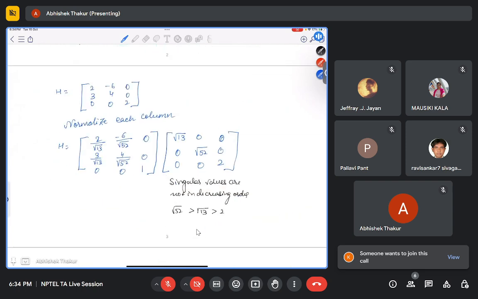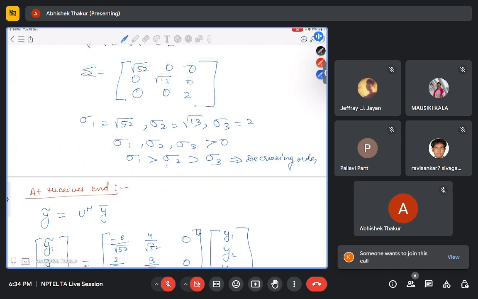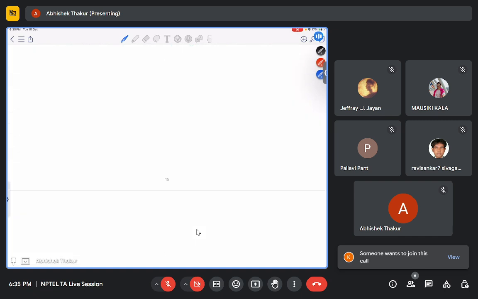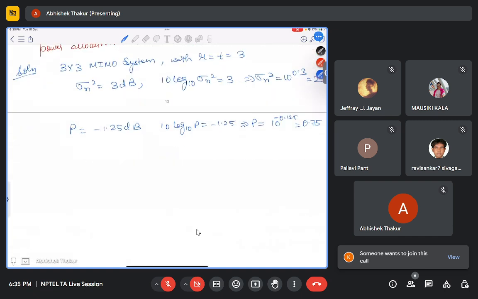We already found the singular value decomposition of this, so we will directly write it and not find it again. So we can write H as, this is our U.